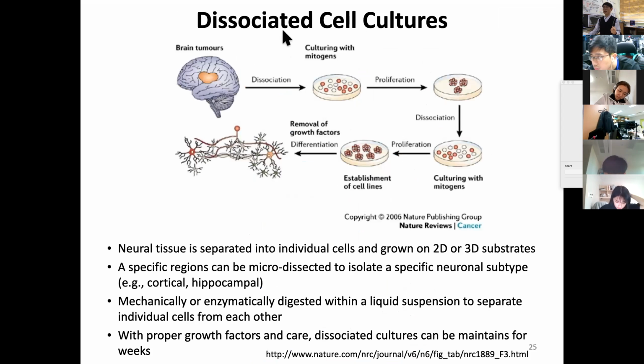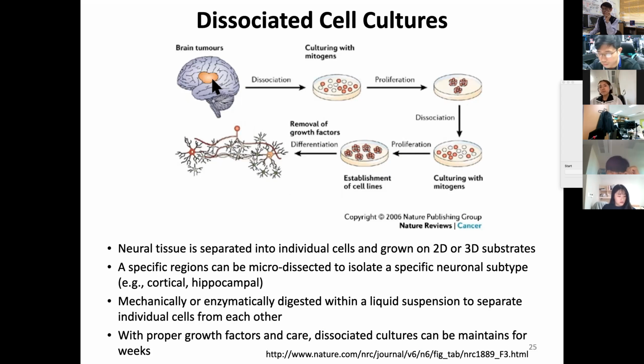Okay, dissociative cell culture. For example, with a brain tumor, there are cells you dissociate and proliferate, dissociate and proliferate, establishing cell lines, and you can differentiate them into neurons. All right, so neural tissue can be separated into individual cells. So in the end, you make individual cells growing on a 2D or 3D substrate.